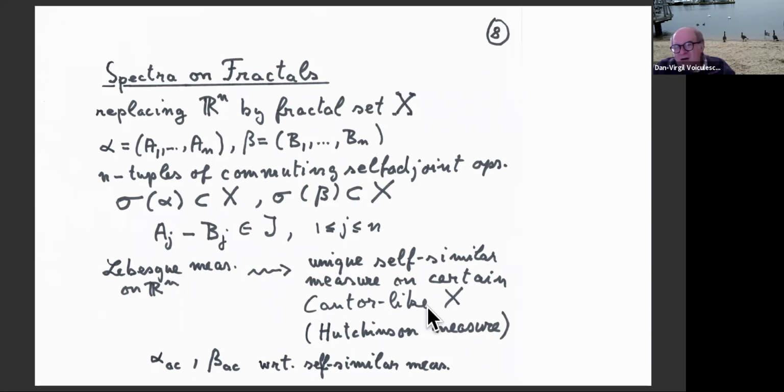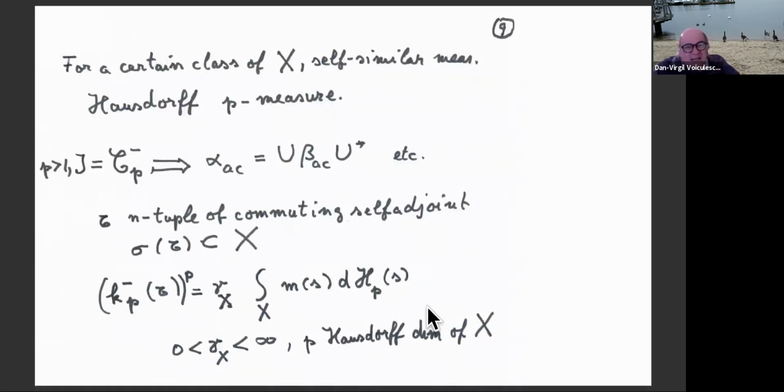This should also work, with minor adjustments, for things like the Sierpinski gasket, where you have to remove a sequence of points and things like that. So here is what I was able to prove.